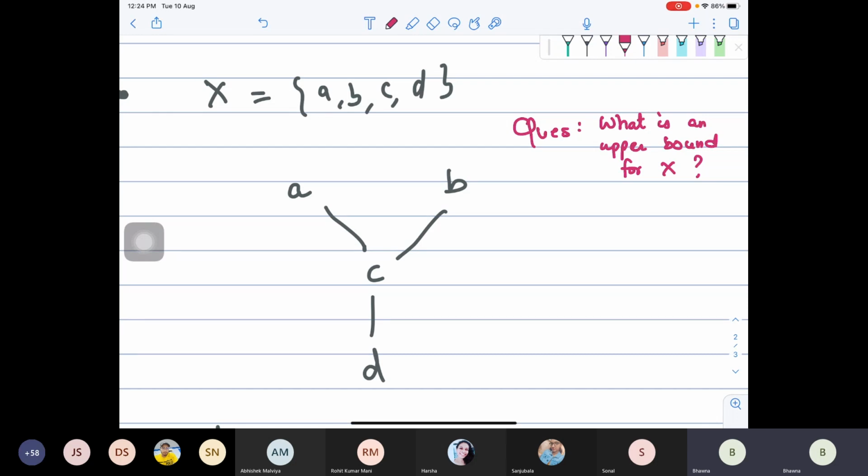Someone says it doesn't exist. Very good, it does not exist. Let me give you the reasoning. Why is it so? There's no relation between A and B, and B and A. Very good. So you see, an upper bound is something which dominates everything. It is very clear that this X has two maximal elements, this one and this one.